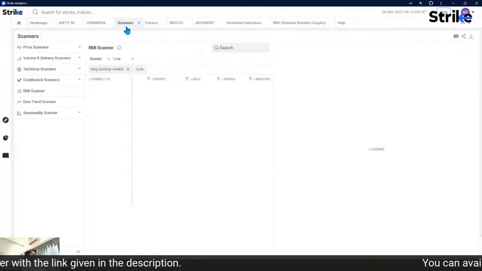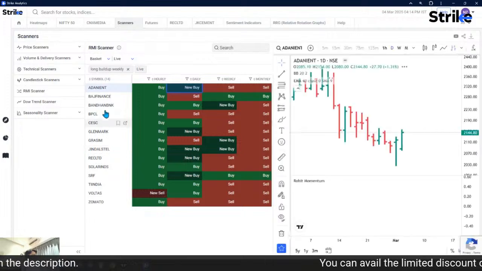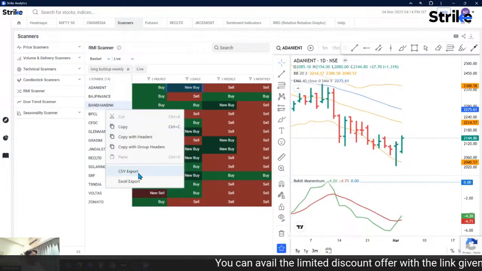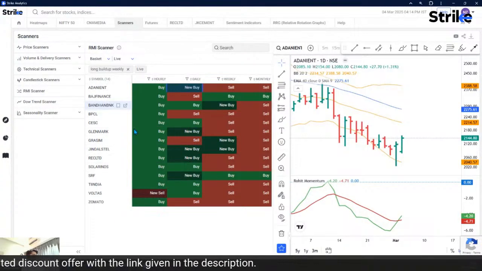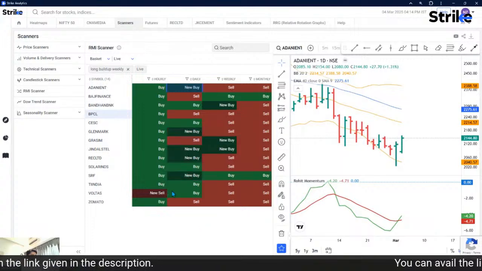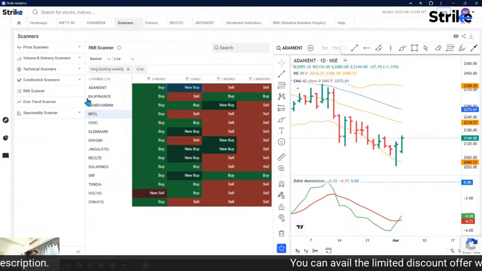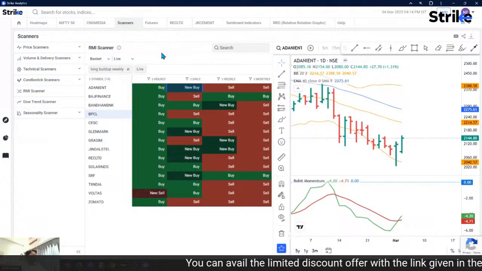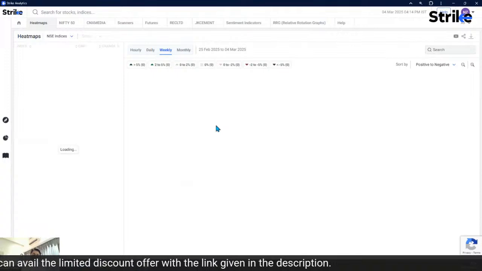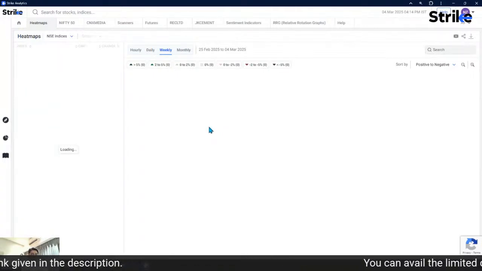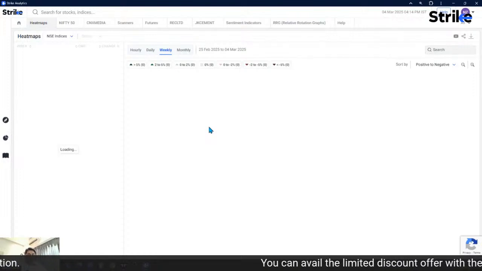So let's say in scanners, you can simply right click somewhere on this table, and there is a CSV export and Excel export option given. Similarly, even in heat maps or any other section, whatever you want to download, the option is given. But I'm sure download will not help you much, because you can create your watch list directly in the software itself, right?